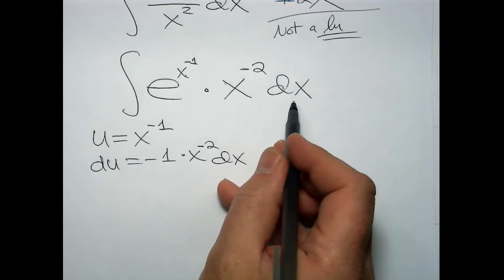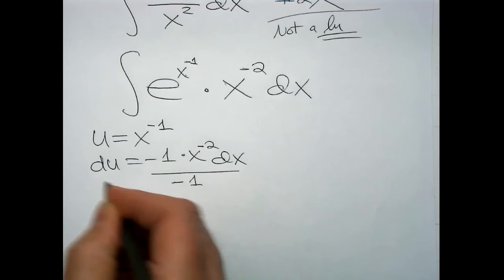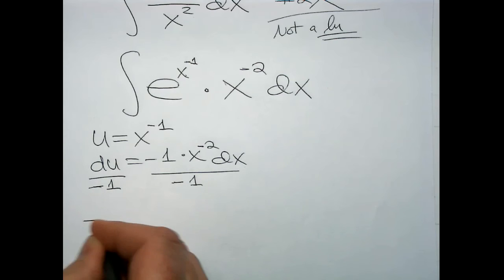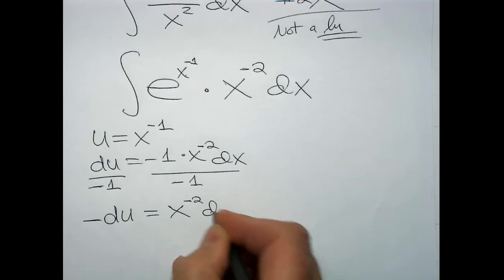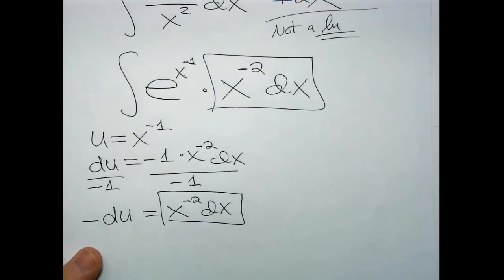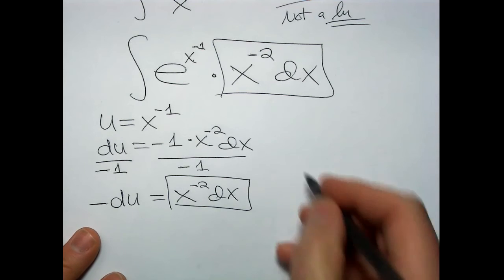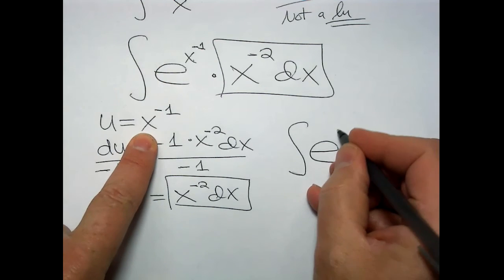Look at this and look at this. All you have to do is divide both sides by minus 1. And I realize now that negative du is x to the negative 2 dx. Isn't that convenient? That's very convenient, in fact. So let's integrate. From now on, this is e to the letter u.